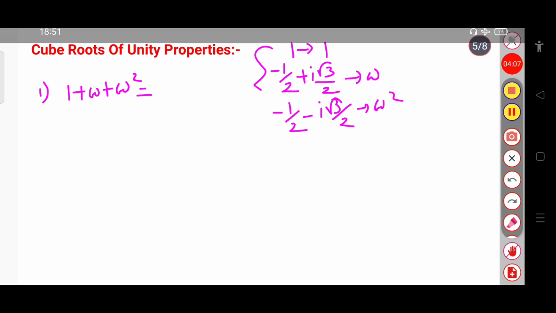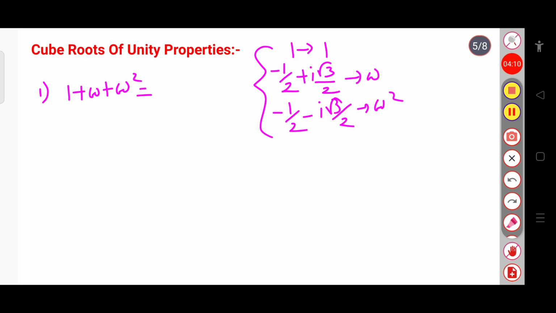If I add these 3, then 1 plus minus half plus minus half becomes 0, and plus iota root 3 by 2 minus iota root 3 by 2 get cancelled. So the sum will be equal to 0. Similarly, if we multiply 1 into omega into omega square, this value will be equal to 1. You can see, if I multiply minus half plus iota root 3 by 2 and omega square, which is its complex conjugate, where in place of iota we simply put the negative sign.